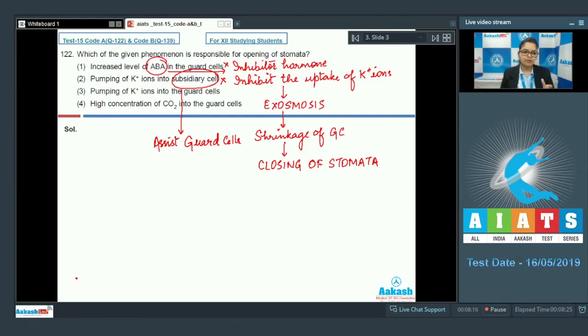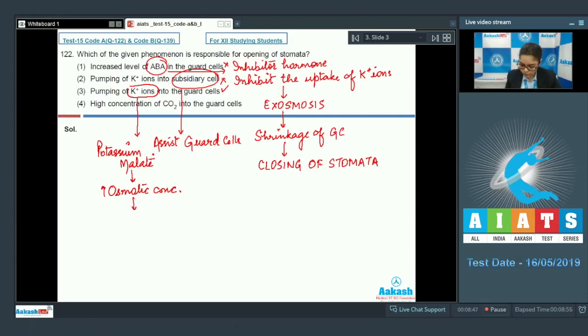Moving to statement 3, pumping of potassium ions into the guard cells. So this is correct. Basically what happens, bache, pumping of potassium ions into the guard cells will allow their association with the malate ions, and collectively they will be known as potassium malate, right? So this potassium malate will further increase the osmotic concentration, right?